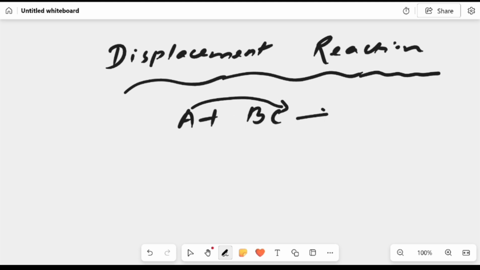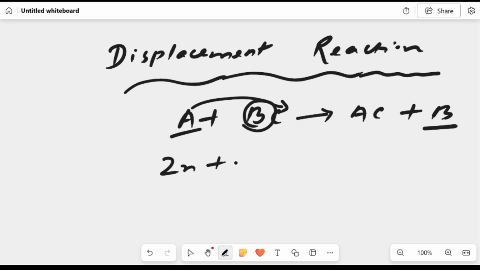Here A replaces B and B is set aside. So that is a displacement reaction. Here A is more reactive than B. Let us take for example Zn plus CuSO4. We have Zn which is more active than Cu.